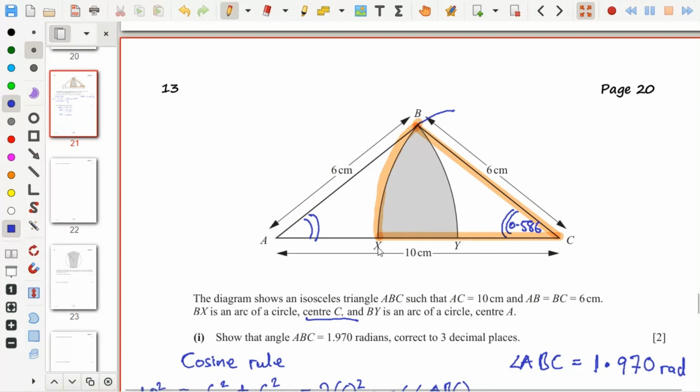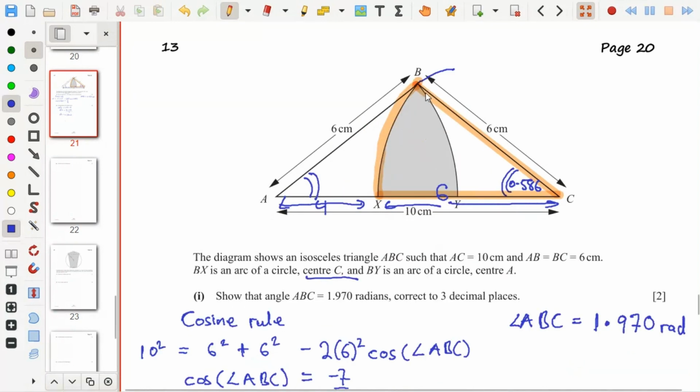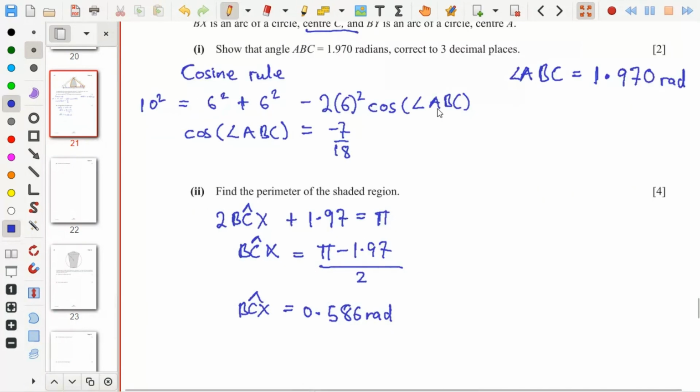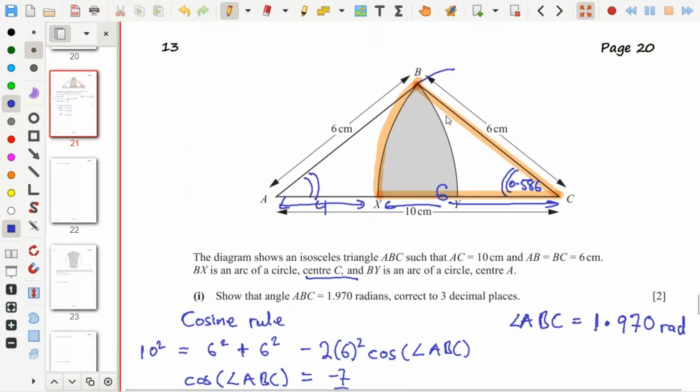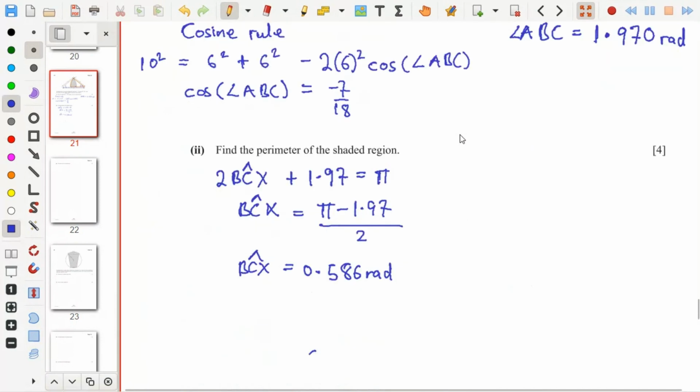Now the length here from X to C is 6 centimeters. That means from this side to this side is 4. Very good. Now, we know that that side is 6 centimeters, so the radius of the sector is 6. So what can we do?